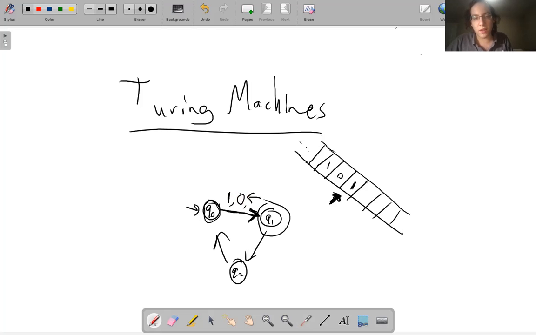So doing that will basically cause us to write a 0 here and to move left, so that we're looking over here now, and we will also be present in state Q1.